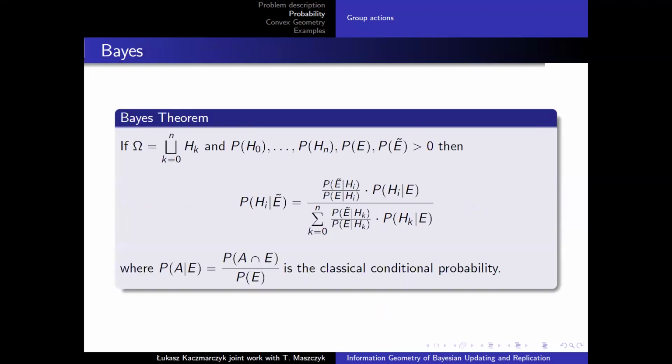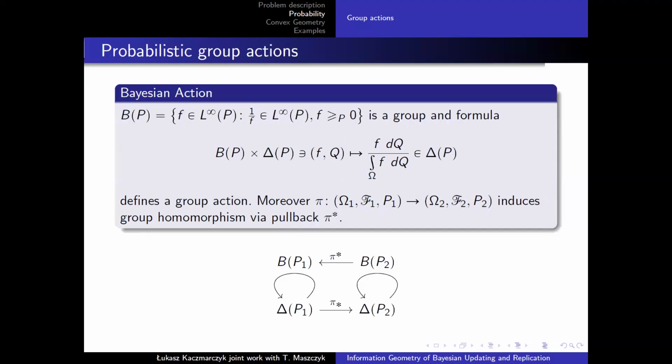Okay, why do I say that something defined like this should be named Bayesian action?